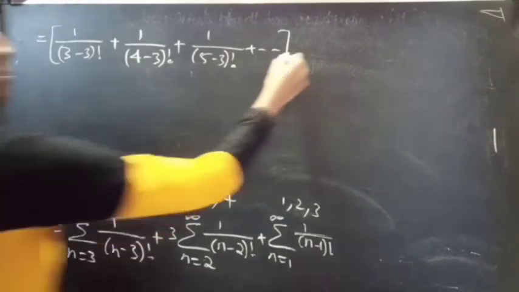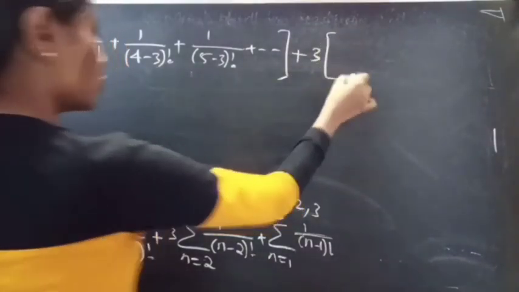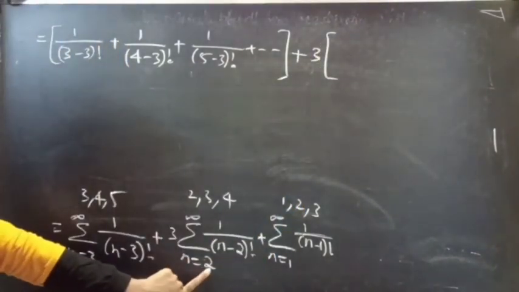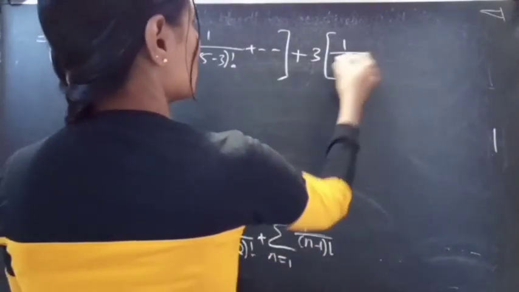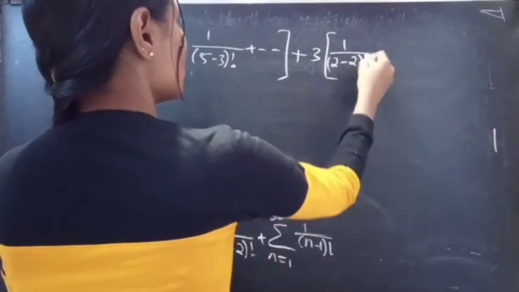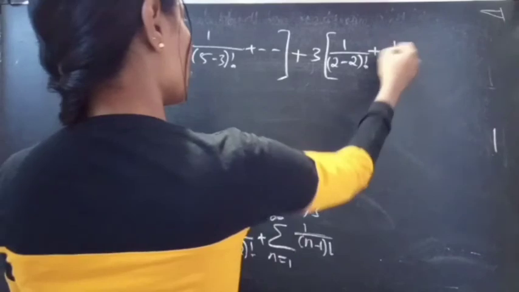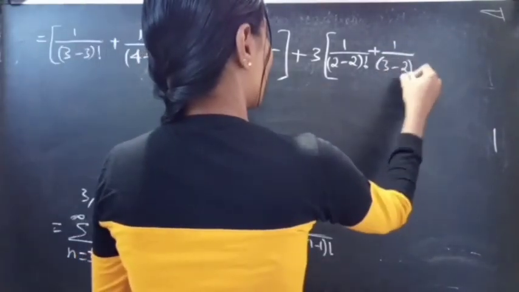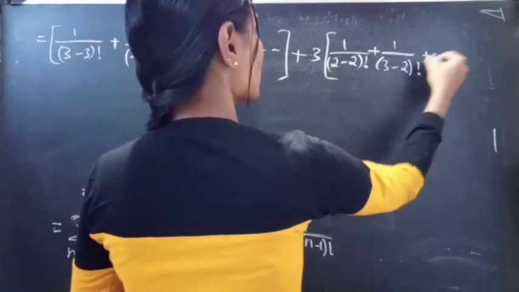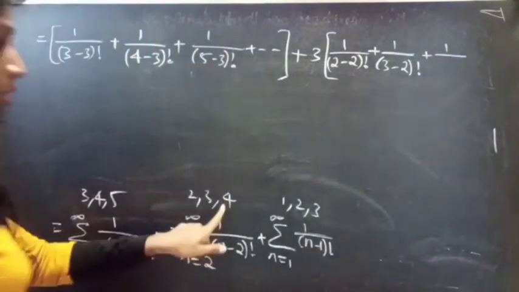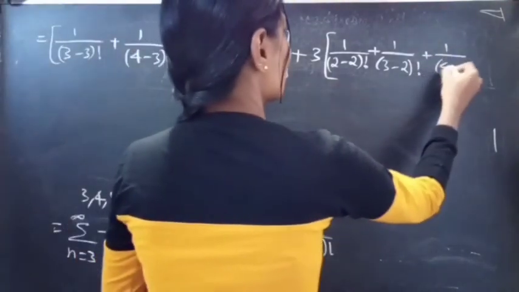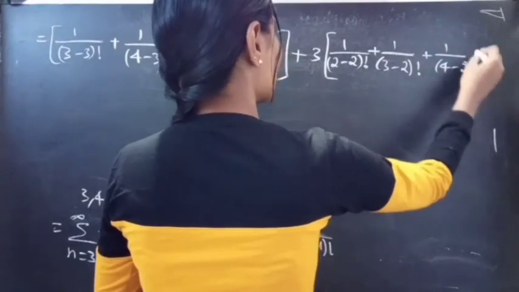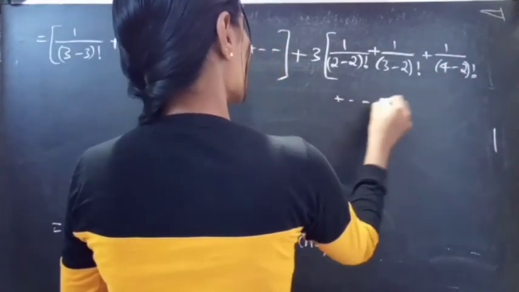Plus 3 into, we'll put 2, 1 by 2 minus 2 factorial plus 1 by the next number 3, 3 minus 2 factorial plus 1 by 4, 4 minus 2 factorial plus so on.